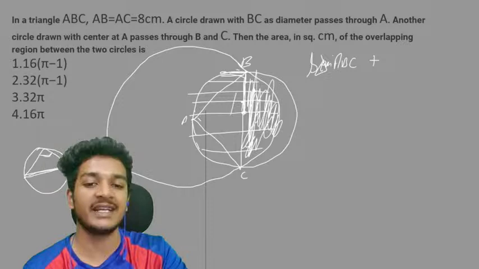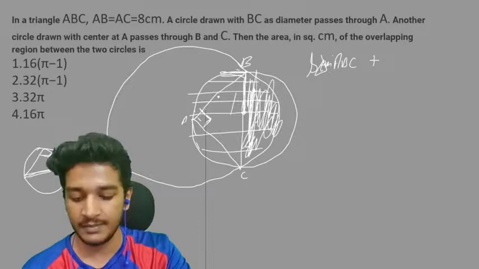Since BC is the diameter, this angle will always be 90 degrees. Yes, that's the property.